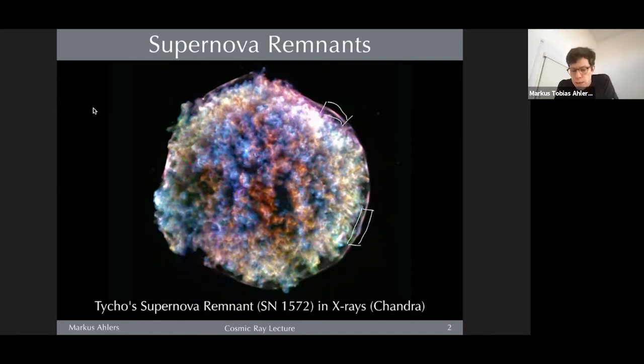As I will discuss in a second, this X-ray emission is produced by relativistic electrons in the vicinity of the shocks, so electrons which are accelerated by diffusive shock acceleration. And the reason that you have these X-ray rims comes from a feedback effect between these cosmic ray populations of leptons as they stream through the plasma. So you can have streaming instabilities of particles that feed back into the plasma.